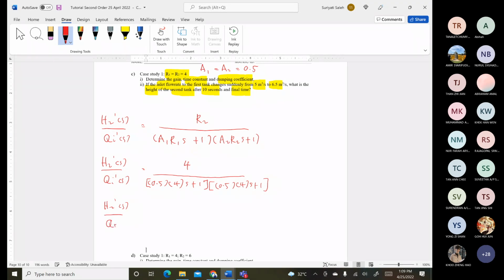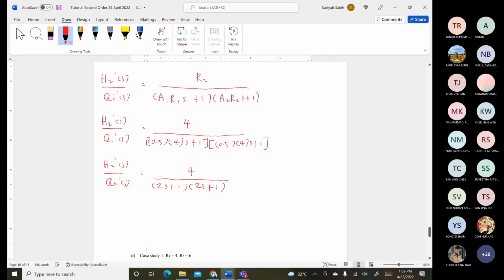So this results in H2 prime S over QI prime S equal to 4 divided by, 0.5 multiplied by 4 is 2S plus 1, and this is also 2S plus 1. So on the denominator, you have 2S plus 1 twice.